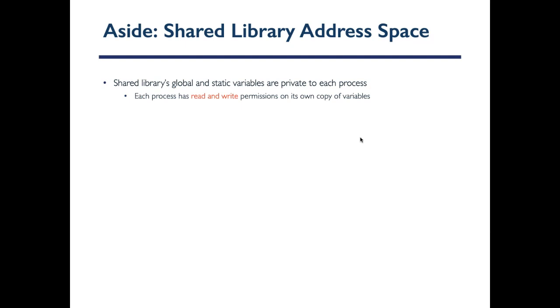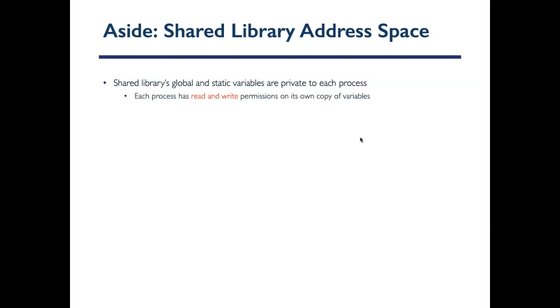The answer is no, because each process that runs the code needs its own version of those variables. So we're not going to share the variables. So that's first, put it aside. So each process is going to have their own copy of those variables, and then they're going to have read and write permission on those variables.